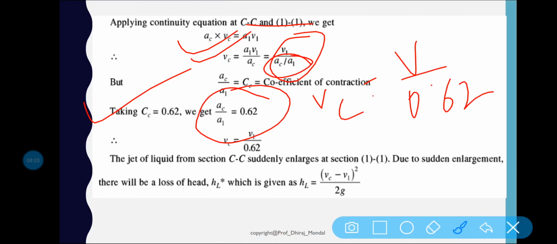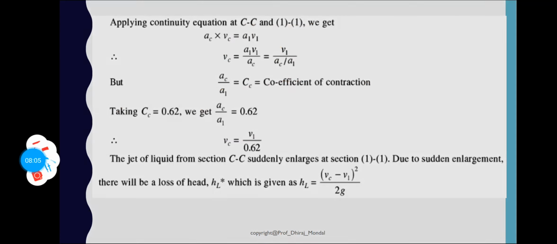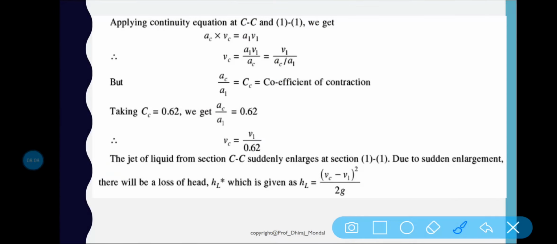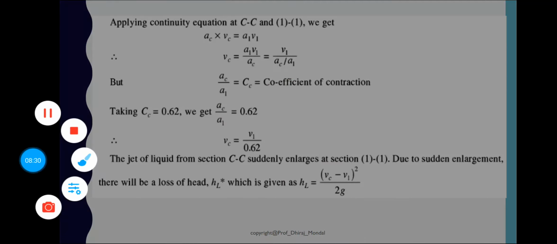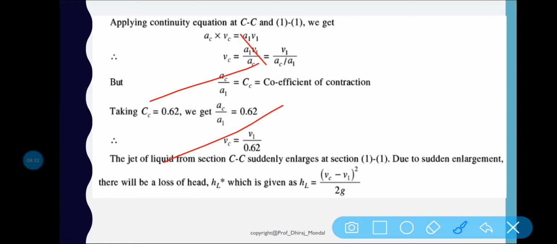Although it is not discussed yet, you know that if water is flowing through a pipe like this, and there is a contraction and then an enlargement, suddenly the pipe is enlarged.